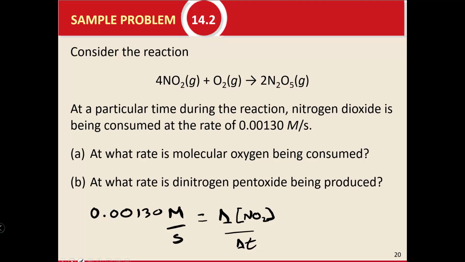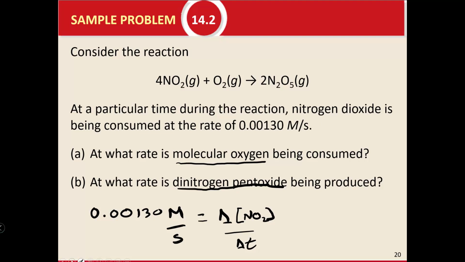That's how we speak it. The rate with respect to the nitrogen dioxide is 0.00130 molarity units per second. What is the rate with respect to the molecular oxygen? And what is the rate with respect to the dinitrogen pentoxide?